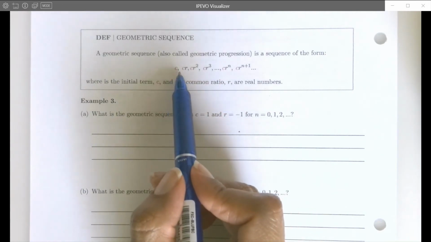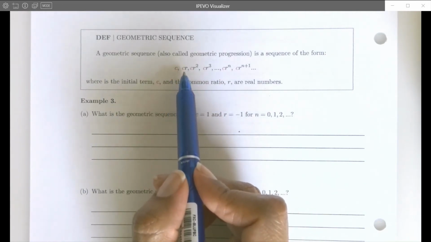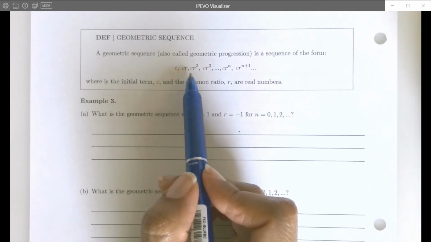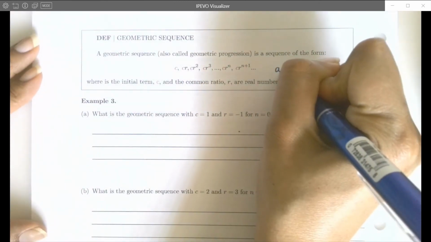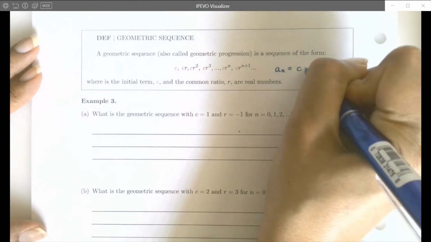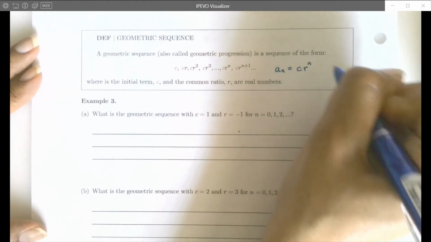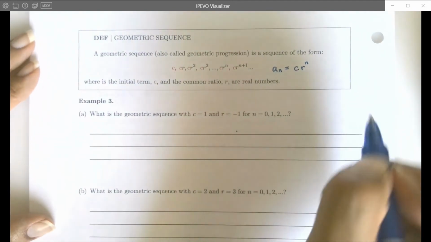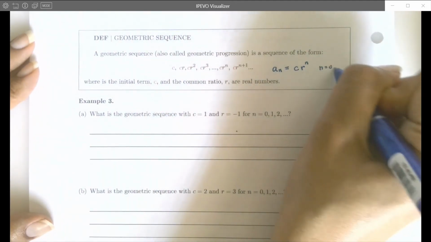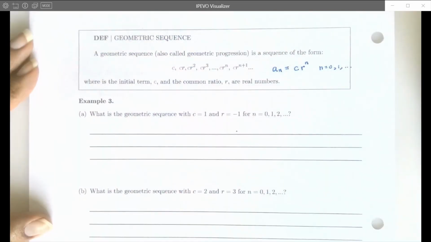So we can think of these as being a constant times powers of r. In general, we would say something like a sub n is equal to the constant times r to the n, and it would be defined for n being 0, 1, and any other positive integer.